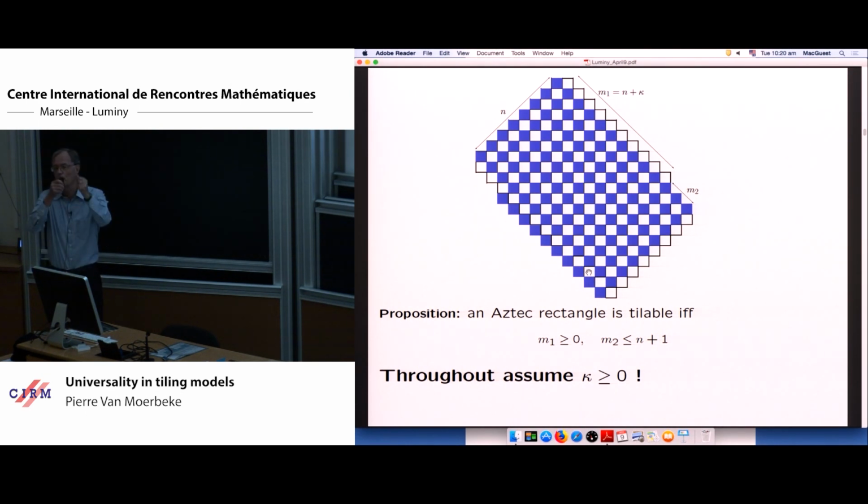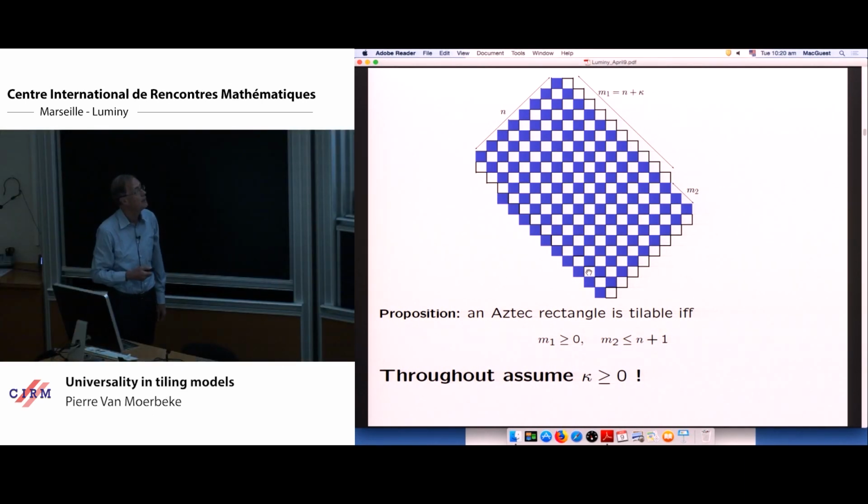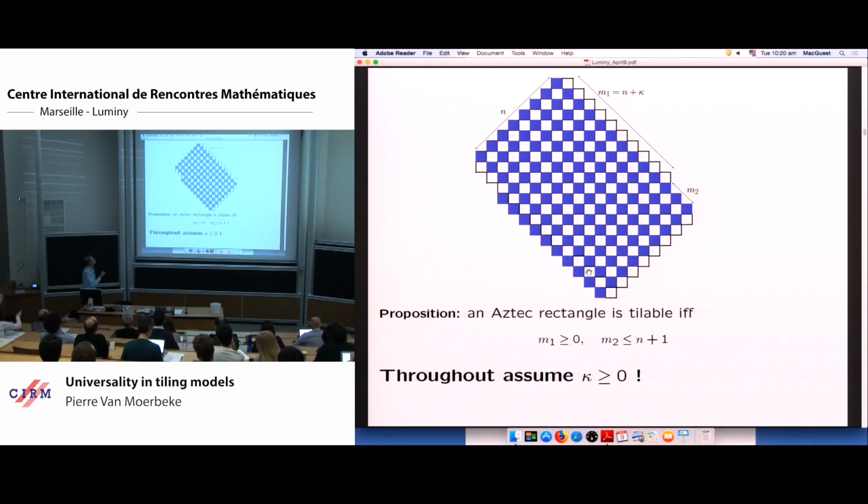Because you may start doing it and it may not work in the end. Okay, but there's indeed a very precise condition. It's tileable if and only if the m1 here is positive and the m2 has to be smaller than n plus 1. Okay, that's the condition. If this is not met, then it won't be tiled. You won't be able to make it, okay?